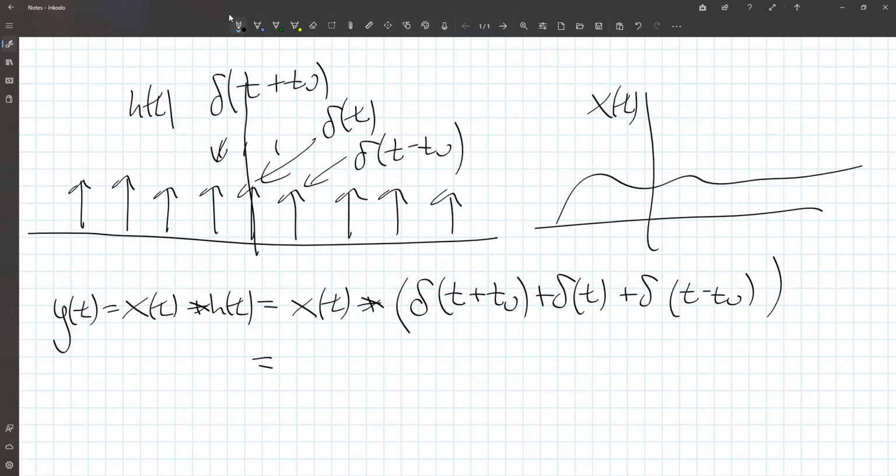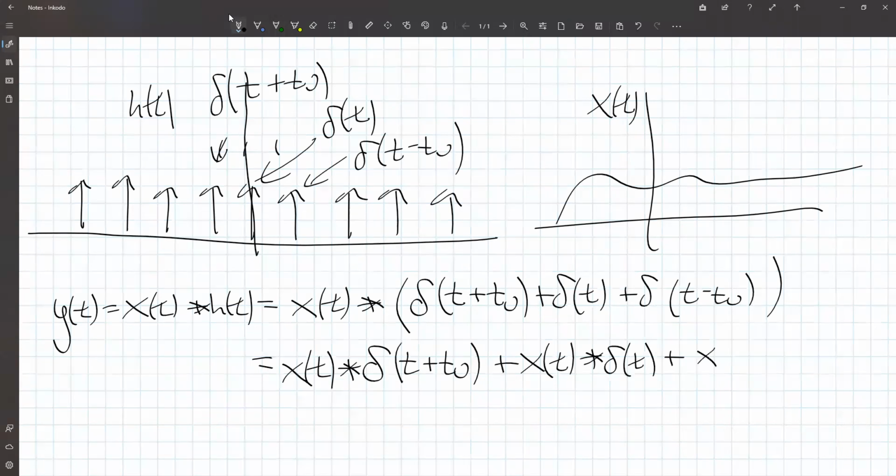It's commutative, it's distributive, it's associative. So this becomes x of t convolved with delta of t plus t naught, plus x of t convolved with delta of just t, plus x of t convolved with delta of t minus t naught.